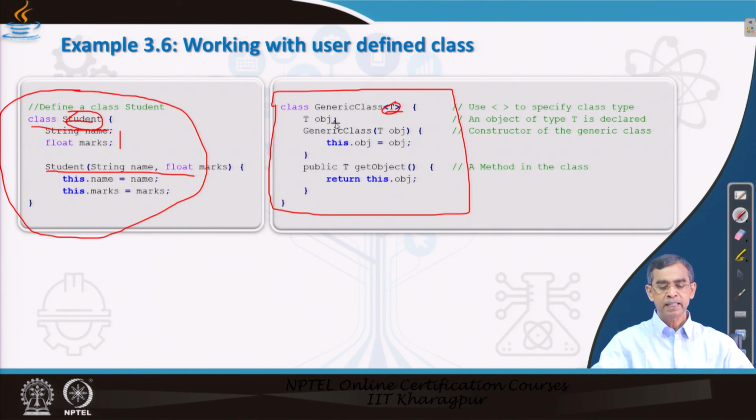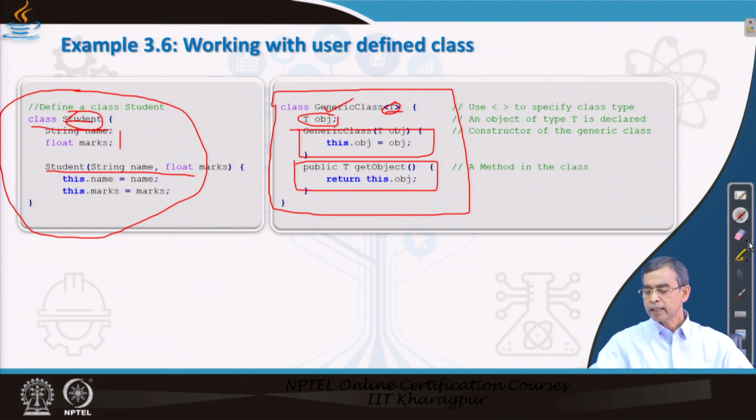Now, an object is declared here, and this is the constructor of this generic class, and this is the one method which gets an object from the collection and then returns this object and prints it.